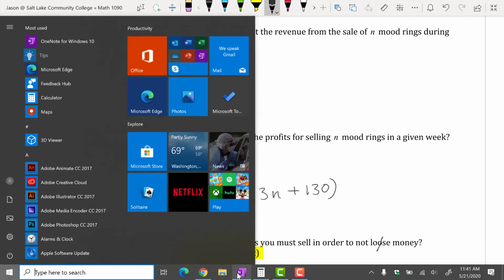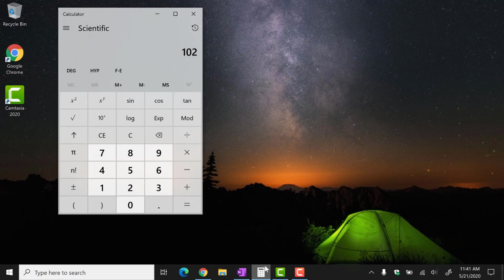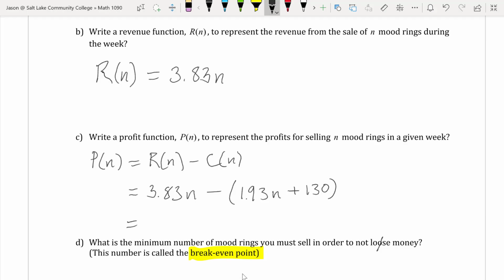I'm going to use the calculator. 3.83 minus 1.93 is $1.90. Okay, so this is going to be 1.90n minus 130, and that's our profit function.